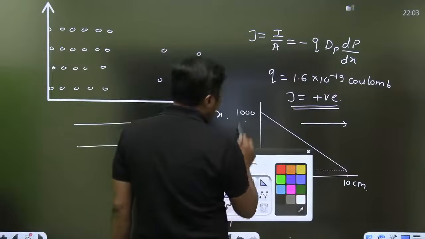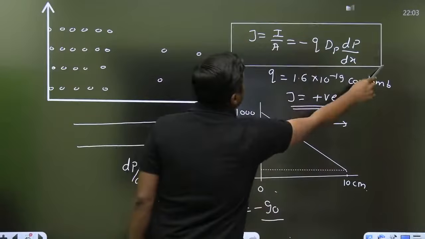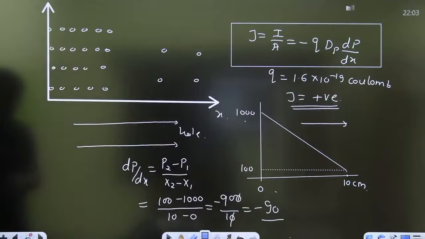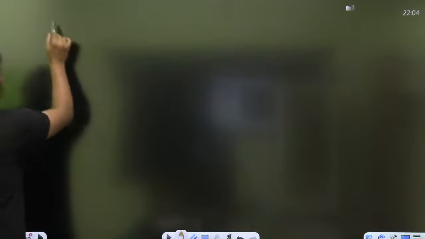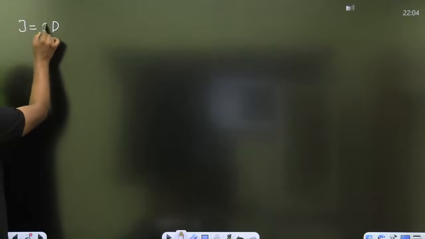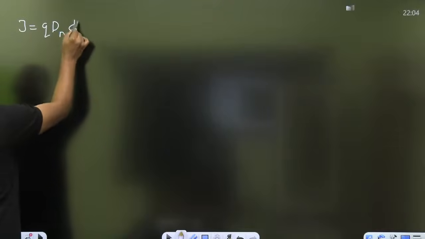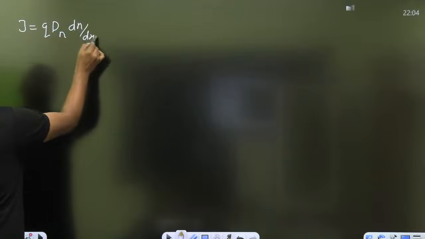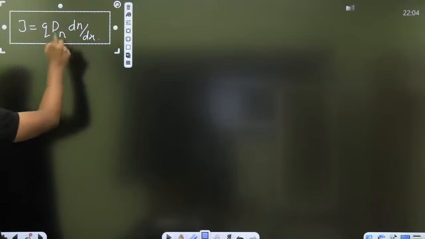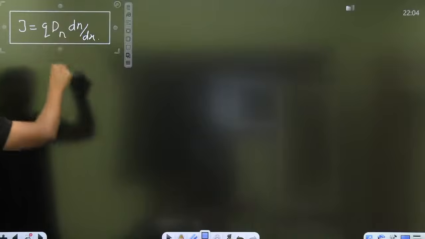Okay, I think now it is clear. This is an important one. Number of questions on this. Similarly for electron, we are using J is equal to q Dn dn by dx. No doubt it is positive, but it depends upon the concentration gradient dn by dx.